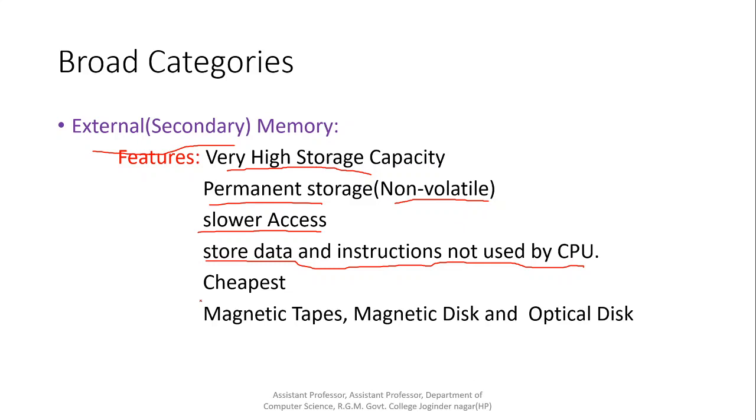It is also one of the cheapest, of lesser cost as compared to internal memories. The main examples of external memories are magnetic tapes, magnetic disk, and optical disk.